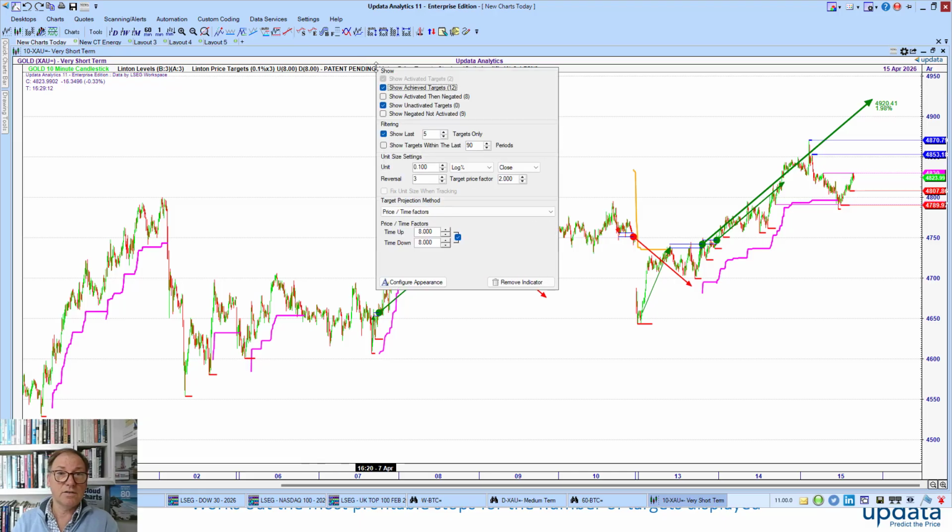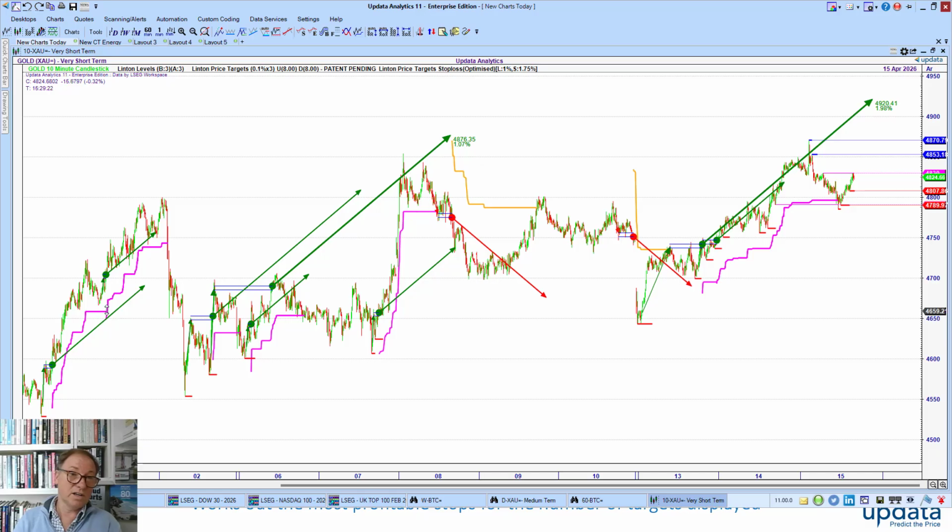And you can see here, if I go and show more targets, here you've got a good example of where that target was exceeded and another target came in. So you would have run that trade all the way up to there. Here we've got trades, another one, target was exceeded. You would have run that trade higher. You can see here, got another one.